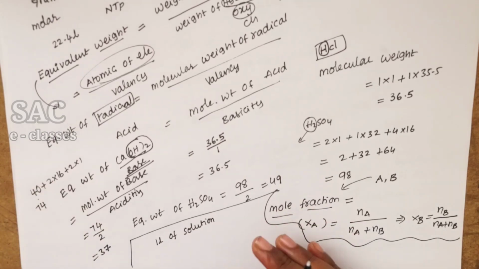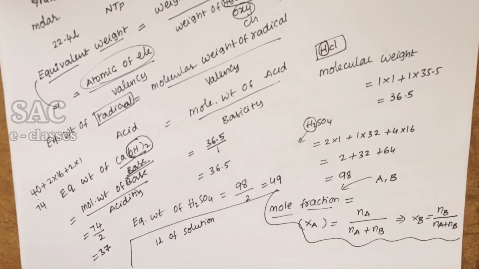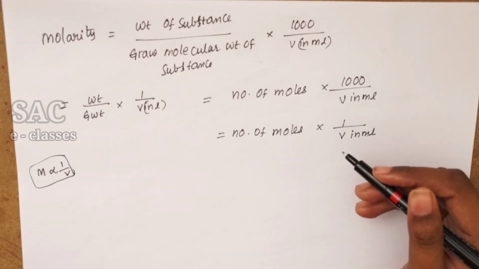We call that the molarity of the solution. Simply, the number of moles present in 1 liter of solution is called molarity. Molarity can be calculated by using a formula.